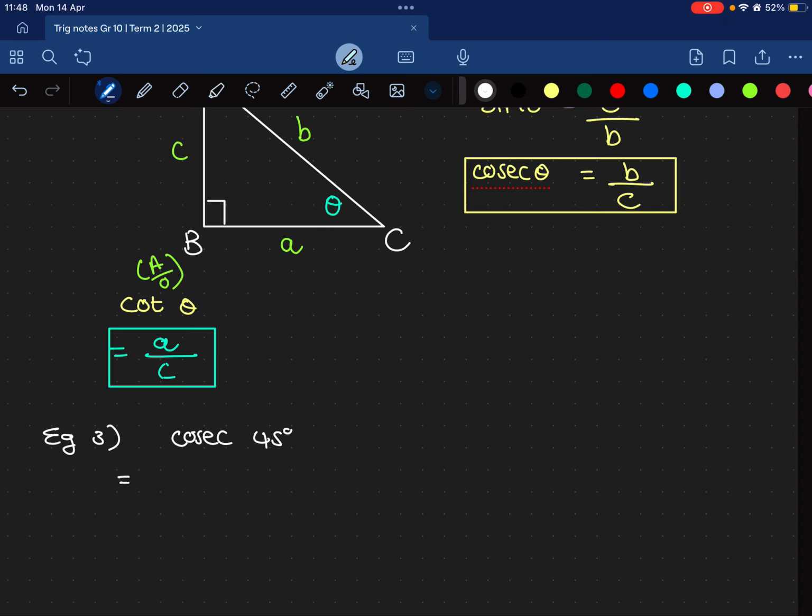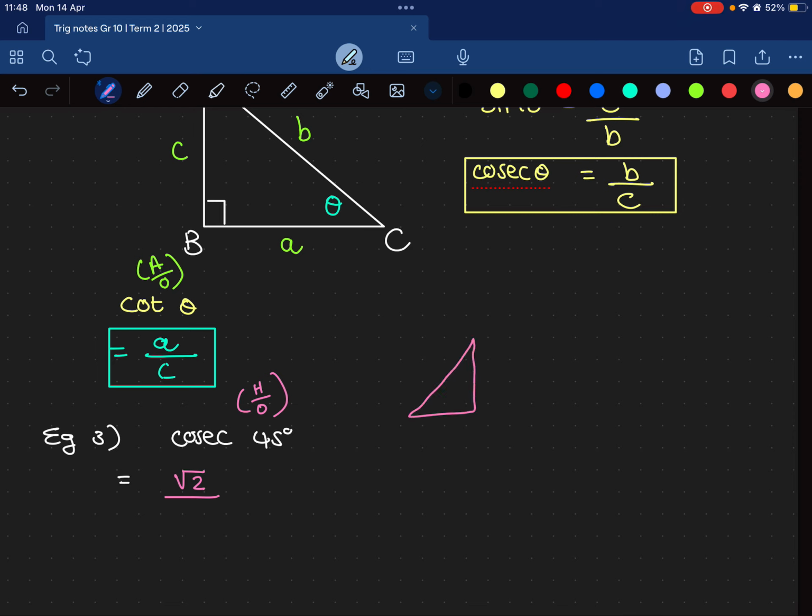You can either find sine of 45 degrees and then swap it around, or if you've drawn the triangle, then you can just find the inverse, which is going to be hypotenuse over opposite. So if you go to your triangle, you'll see that it's the triangle that has the root 2 as the hypotenuse. So hypotenuse is square root 2, the opposite is 1, which means the answer is root 2.